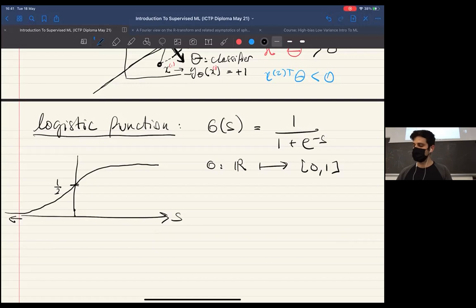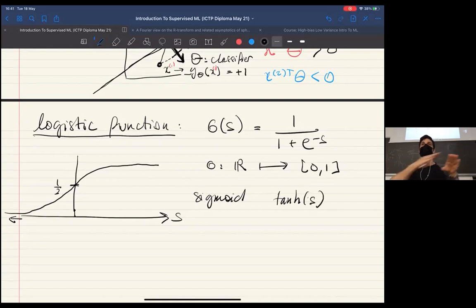These type of functions in general are called sigmoids. So if you hear about a sigmoid, it does not mean a specific function, but it means a function with this kind of shape. So the logistic function is the classical example of a sigmoid function, but the hyperbolic tangent is also a sigmoid, okay? But that goes from -1 to 1, okay?